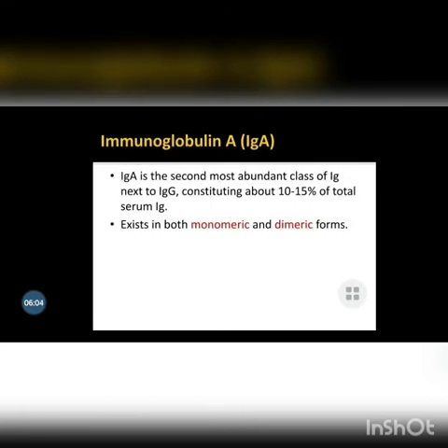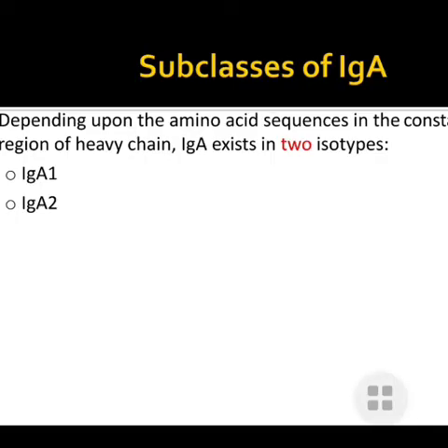So the next antibody to discuss here is IgA antibodies. IgA is the second most abundant class of immunoglobulin or antibody, next to IgG. The percentage ranges between 10 to 15% of the total serum immunoglobulins, and similar to IgM antibodies, it exists in both monomeric and dimeric forms.